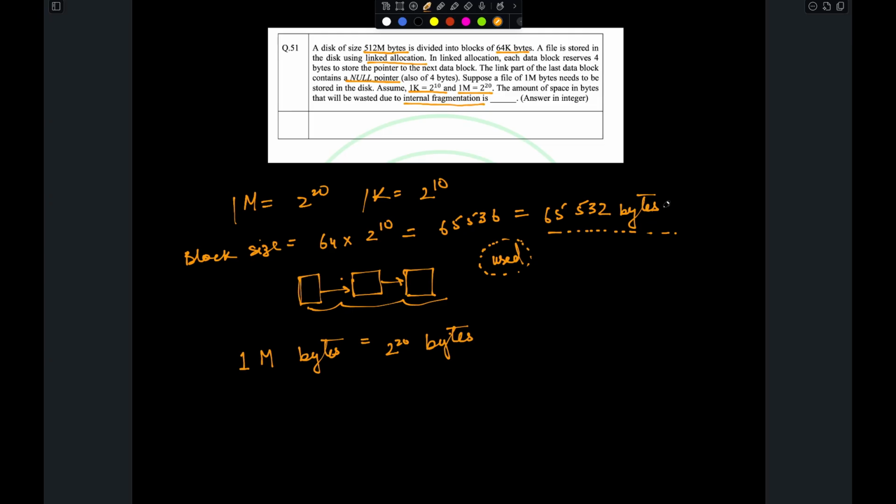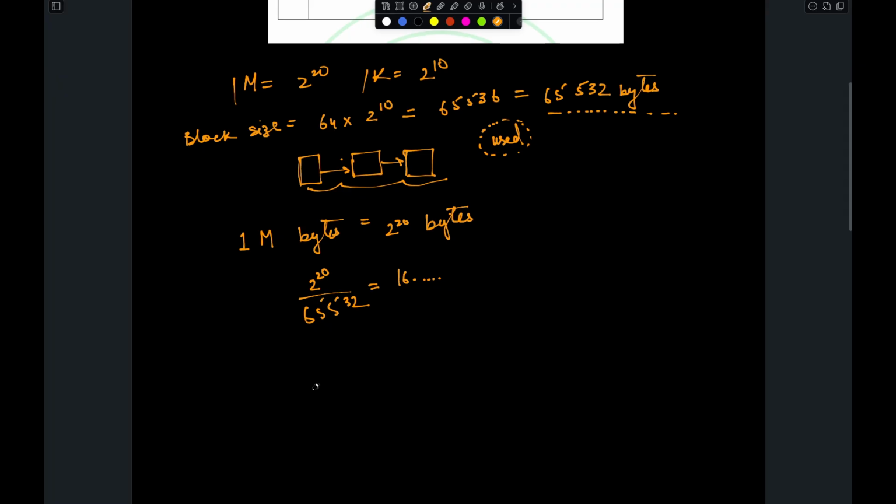So since this is the file data per block, if we divide 2 to the power 20 by this 65532, we would get something around 16 point something. Or better to say, 65532 into 16 actually comes out to be 1048512.